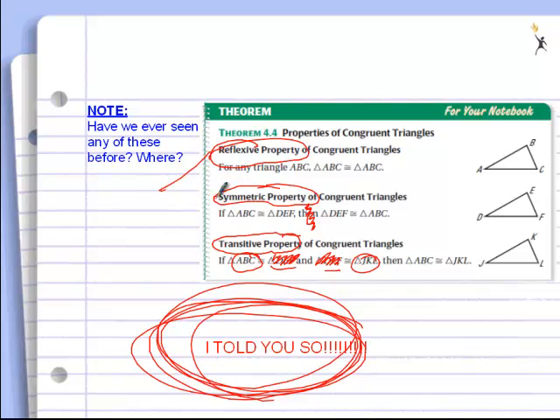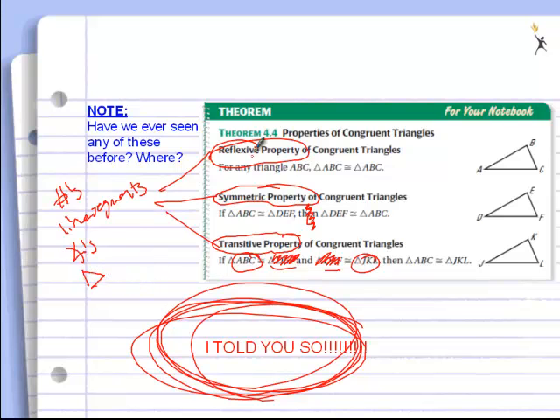Now, have you ever seen those before? Really? Where? Well, we saw them when you dealt with numbers in Chapter 1, with line segments. You saw it when we dealt with angles. And now you're seeing it with triangles.